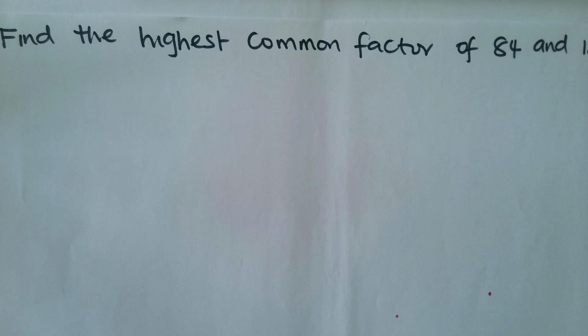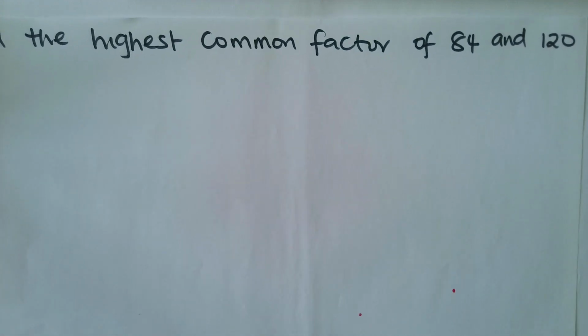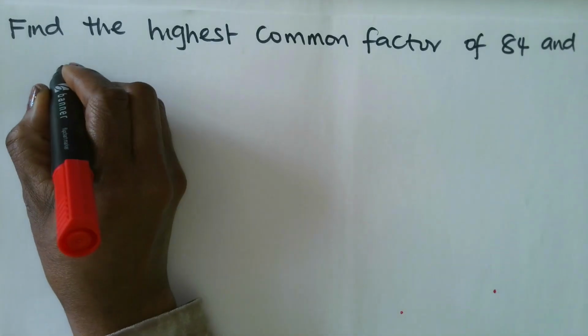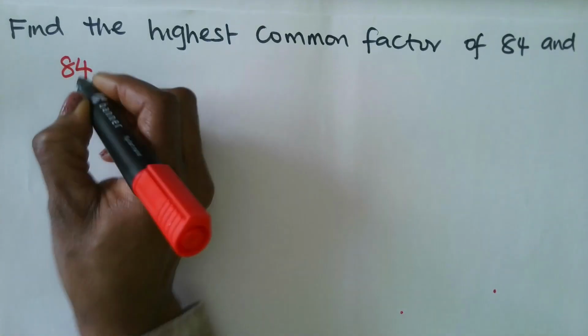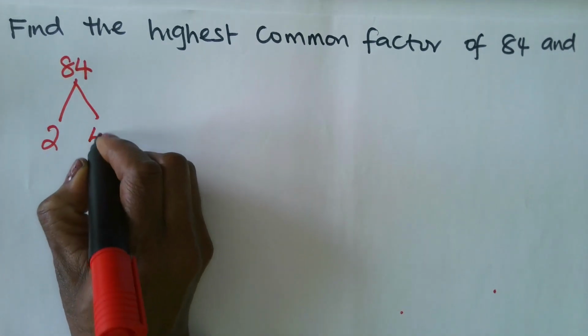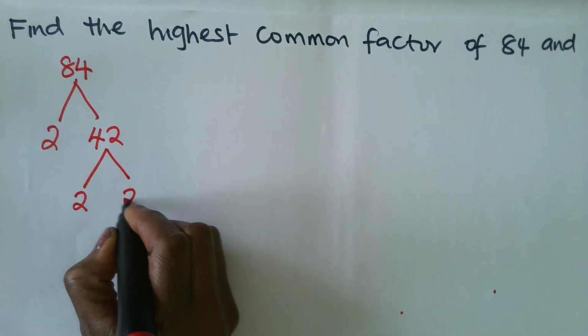We've got another question. Find the highest common factor of 84 and 120. So we've got 84. We've got 2 again, and we've got 21.